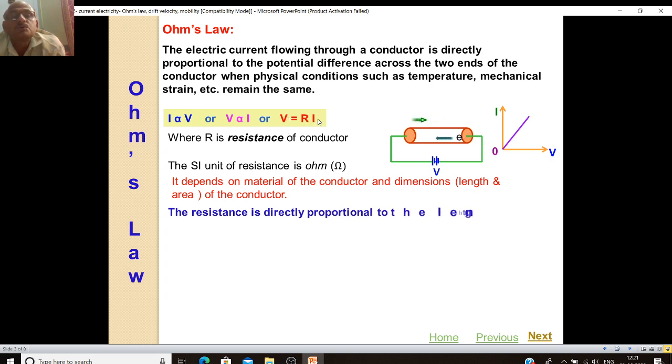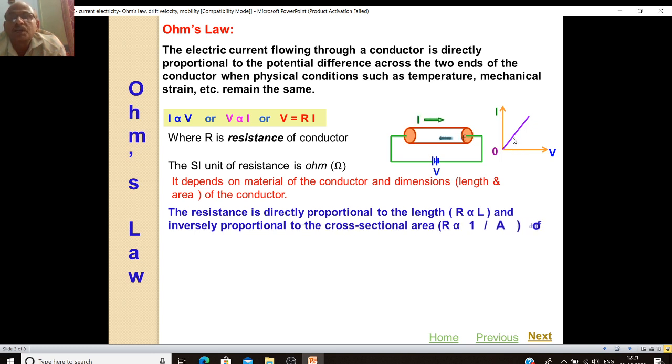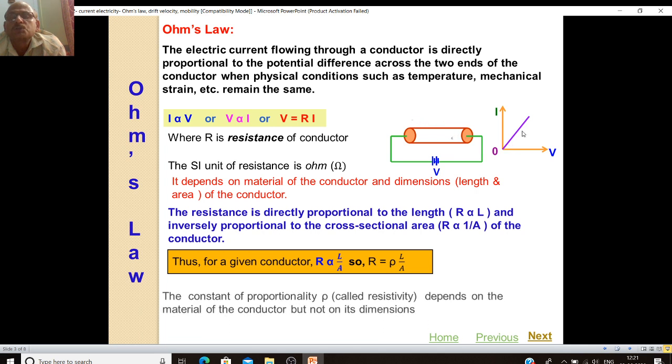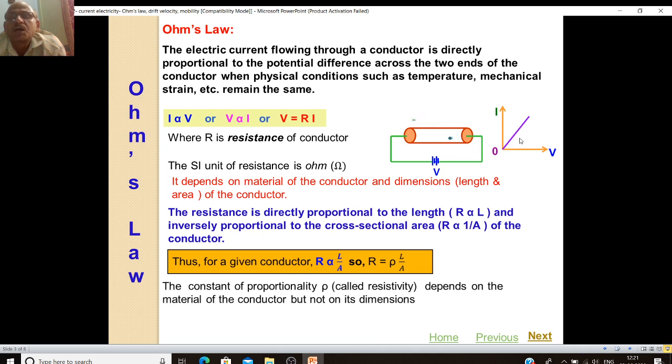So V equals RI, where R is the resistance of the conductor. Now if we see this equation, it is in the form of y equals mx. c is 0 because it is passing through the origin, where m is the slope. So its slope m is I by V.